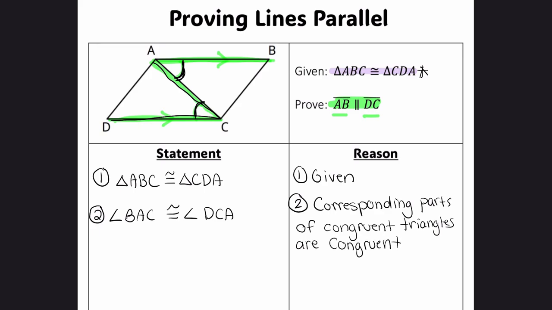Just to make it really clear, this is where the CPCTC comes from. Of course, you can just write CPCTC, but if you mess up those letters, you do not get full credit, so be very cautious. This is really a big deal.